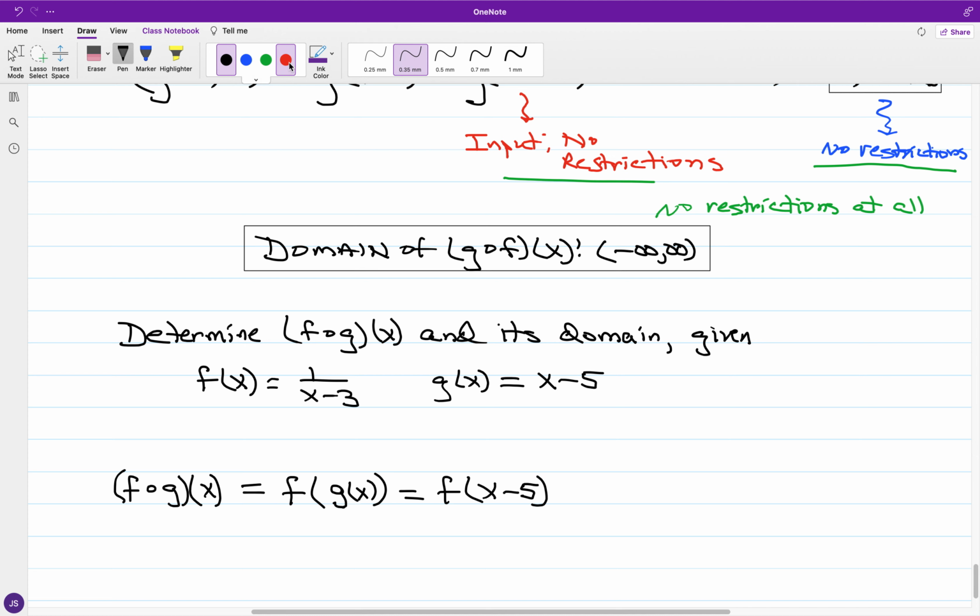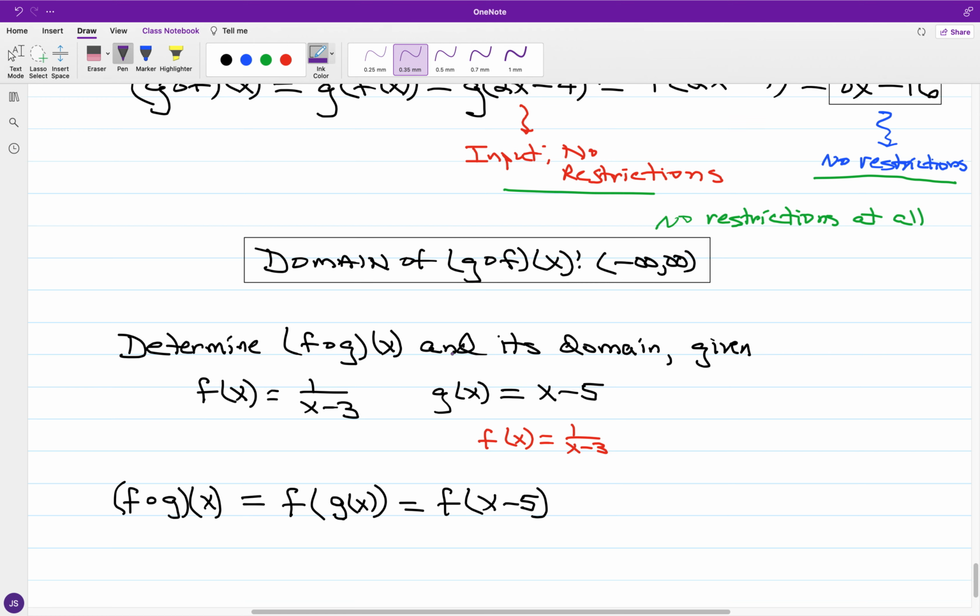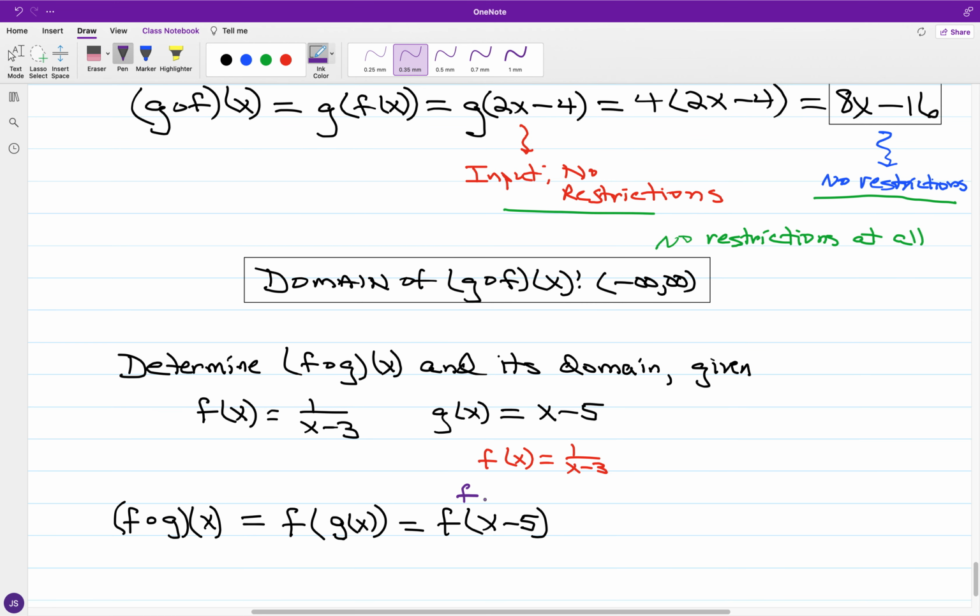Again, the outer function is in accordance with f, so f of x is 1 over x minus 3, and f of g of x is 1 all over g of x minus 3.